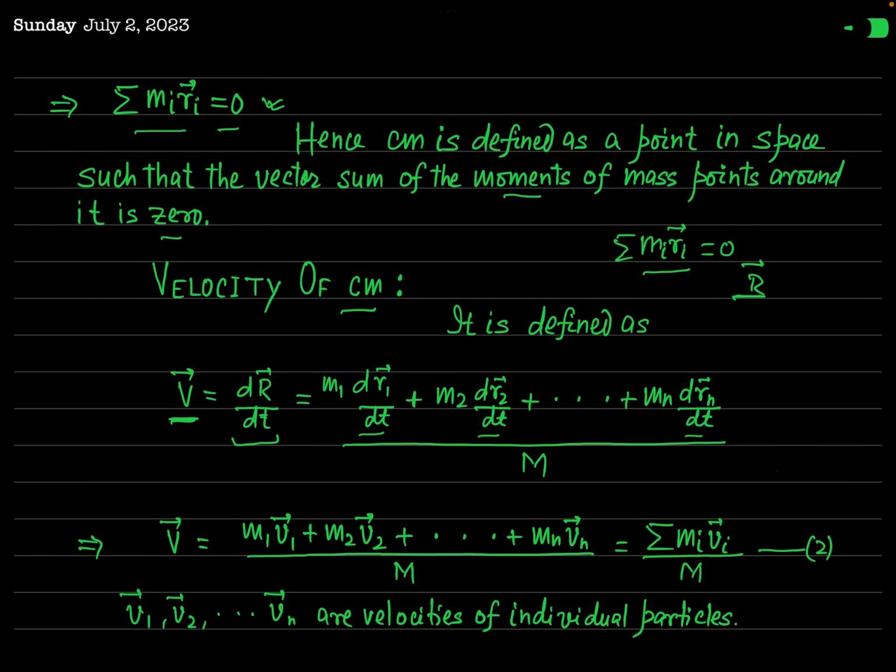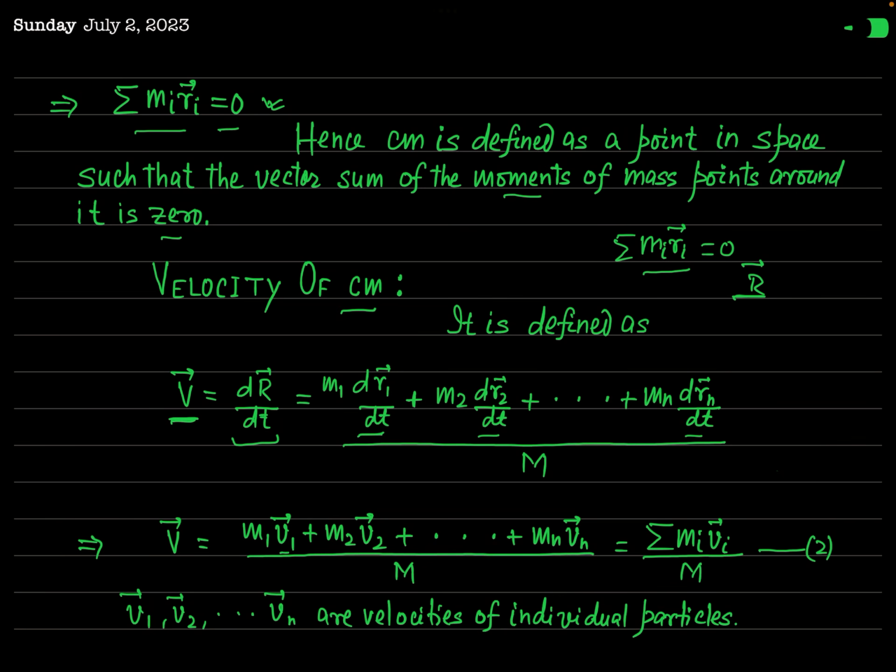You have seen that r1 is the position vector of the first particle, that is the particle of mass m1. Similarly, r2 is the position vector of mass m2, and rn is the position vector of mass mn. So when you differentiate r1 with respect to t, you get the velocity of the first particle of mass m1. I have denoted that velocity by v1. So the first term m1 dr1/dt can be written as m1 v1.